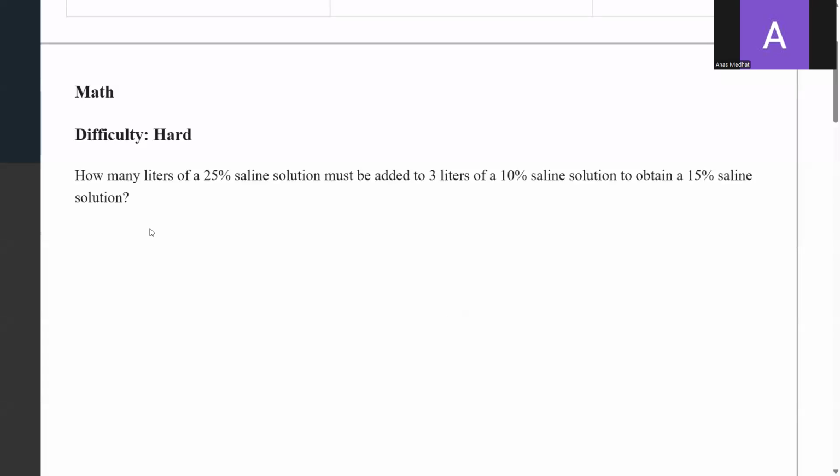So let x be the liters. x times 0.25 plus 3 times 0.1 equals, to obtain 0.15.